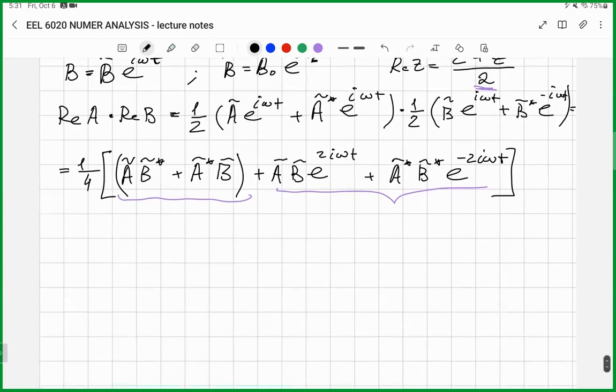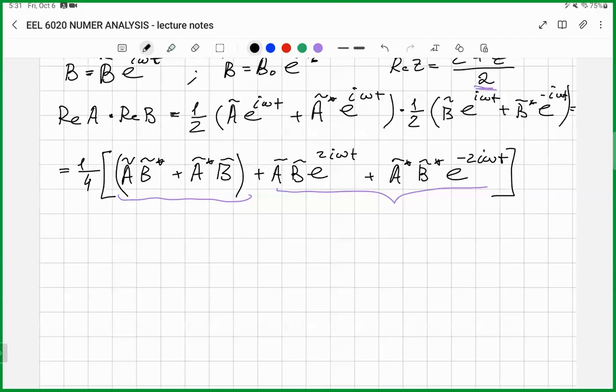And in fact, if you average this e to the power of 2 i omega t over time, with time period, you'll get 0, because this is essentially sine and cosine, and averaging sine or cosine over one period of the field is equal to 0.